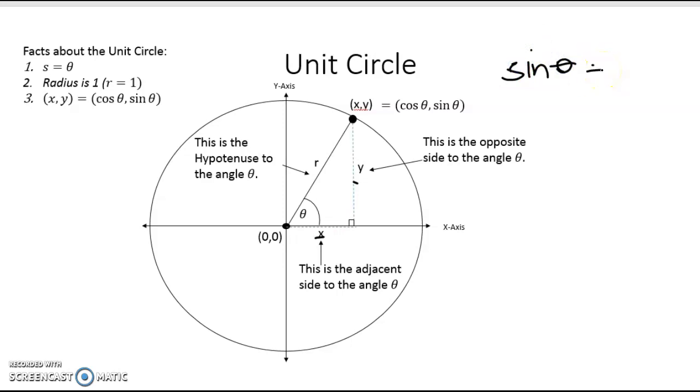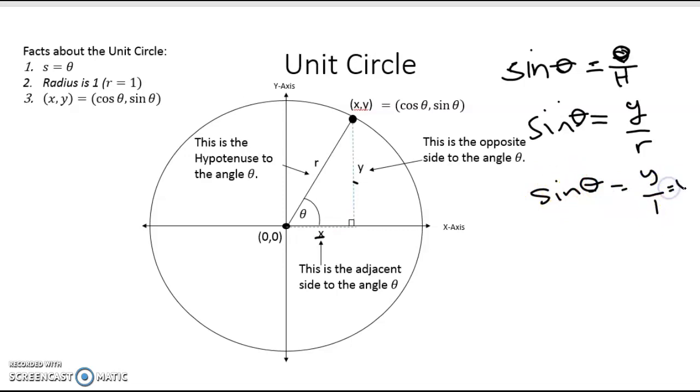We know sine of theta is opposite over hypotenuse. Opposite is y and hypotenuse is r. But since r is 1 here in the unit circle, sine of theta is equal to y over 1, which is just y. So we can substitute that and say that y is just sine of theta.